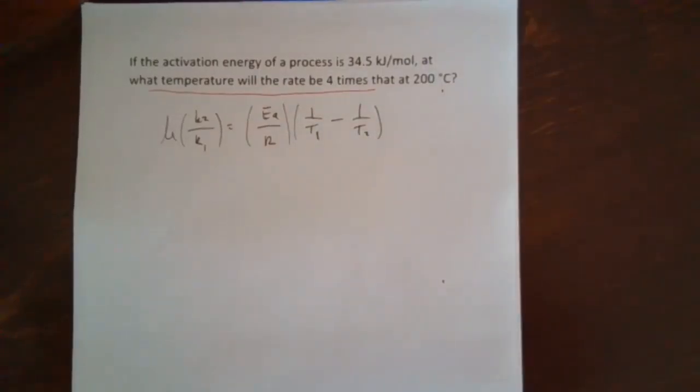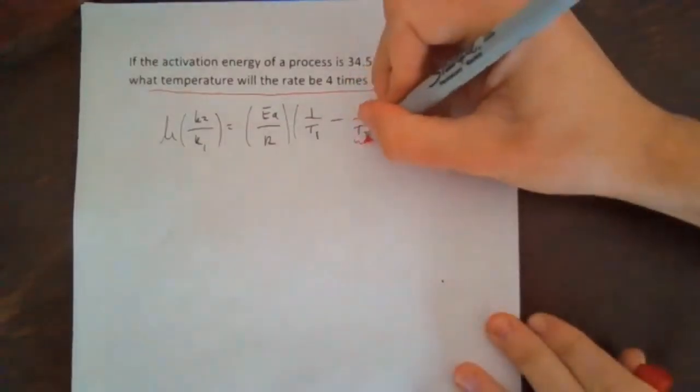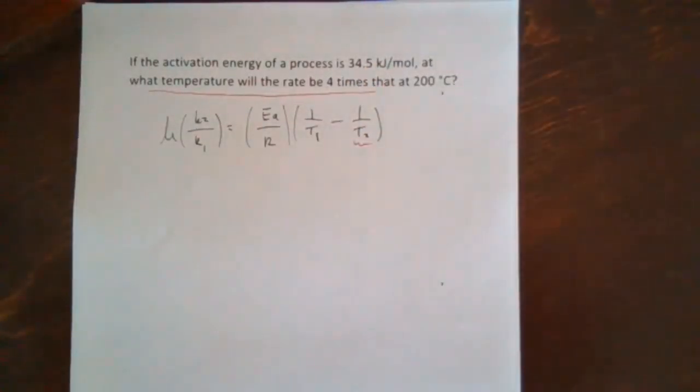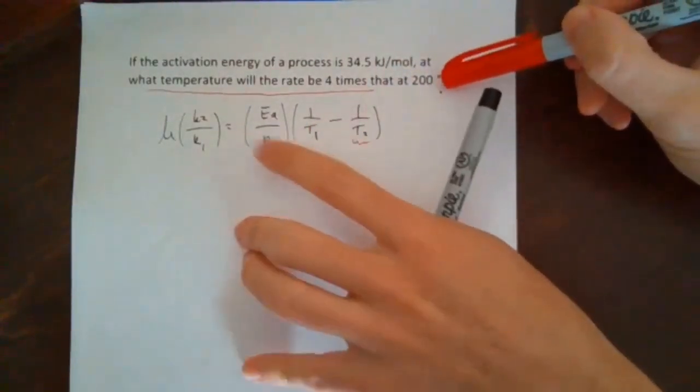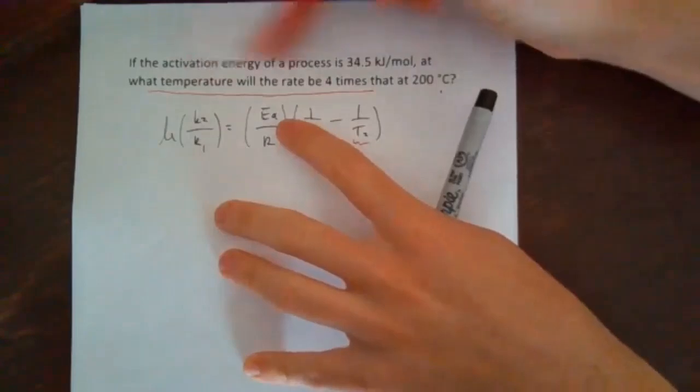And so we know what we want is a temperature. So what temperature will the rate be 4 times faster? So we're given T1, 200 degrees Celsius. R is a gas constant. Ea, activation energy, is right there.